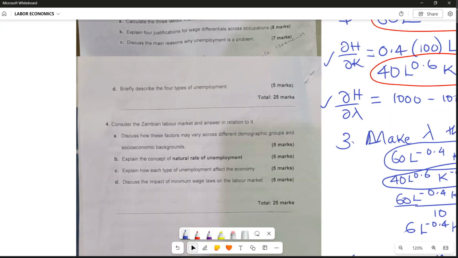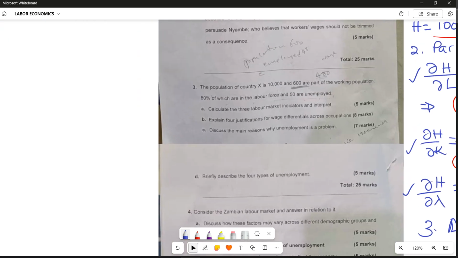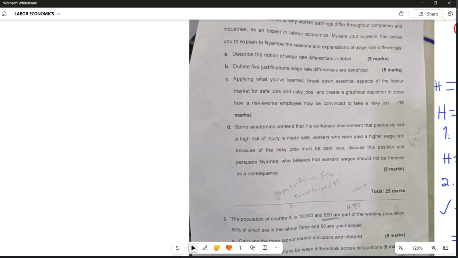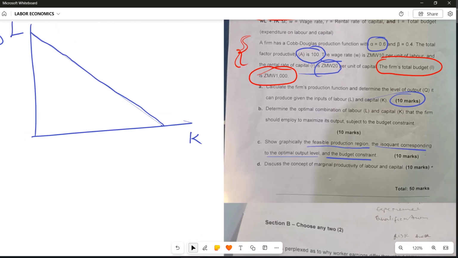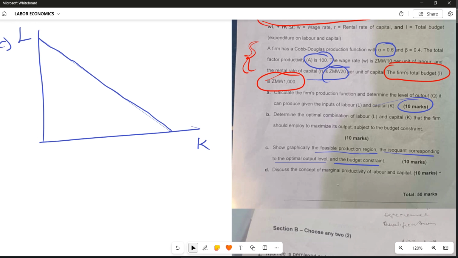Okay, so capital is 20, labor is 60. So you do like this.